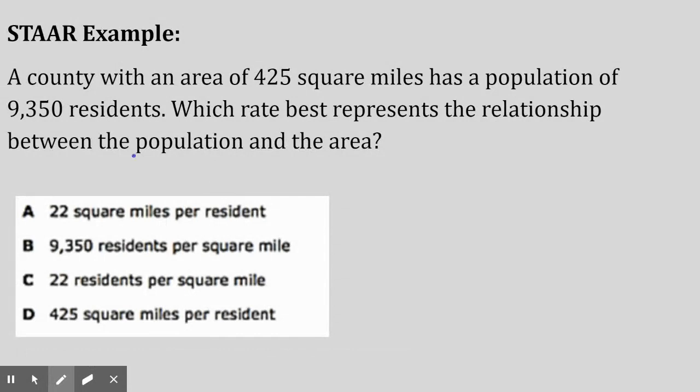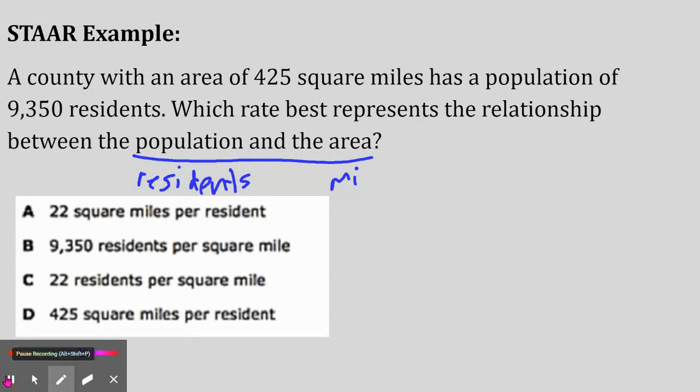We're comparing the population to the area. Population in this case means the residents. So when you write that word ratio, you want to make sure that residents comes first and then the area, which is miles. All right, go ahead, pause this video, try this example on your own, and let's see what you get.